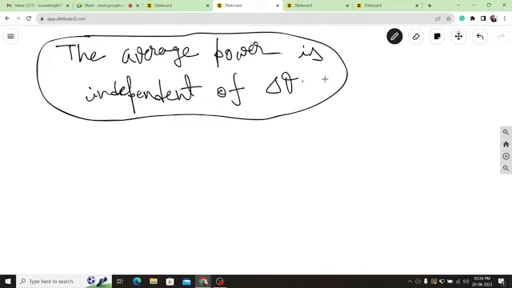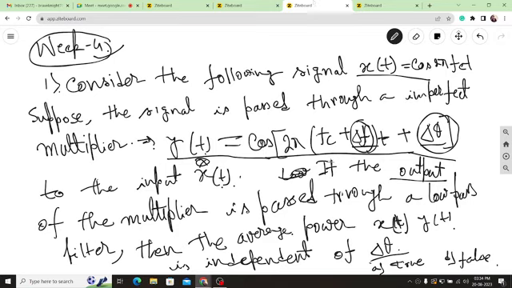The average power is always independent of del theta. So the statement is true, it is independent of del theta. Yes, the correct answer is true.